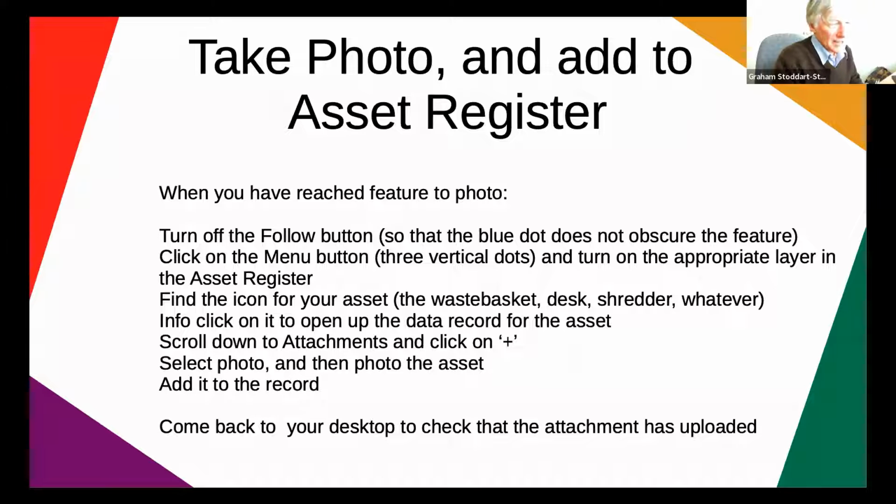So when you get to the feature that you're going to photograph, and today it's your waste bin or your shredder or your desk, whatever you chose, it helps to turn off that follow button, the crosshairs icon, just so that the blue dot doesn't obscure the feature, because you now want to turn on the layer by tapping on the menu button, those 3 vertical dots.